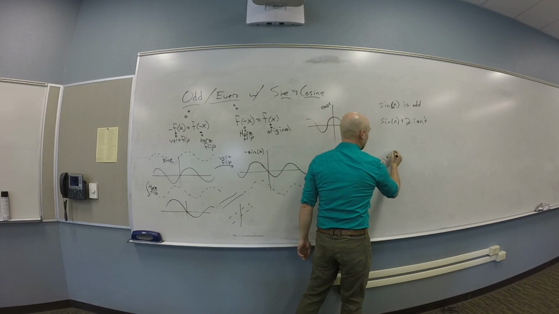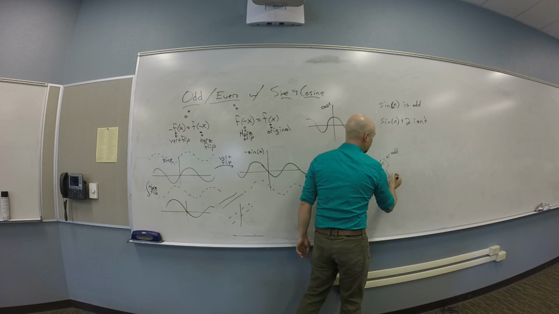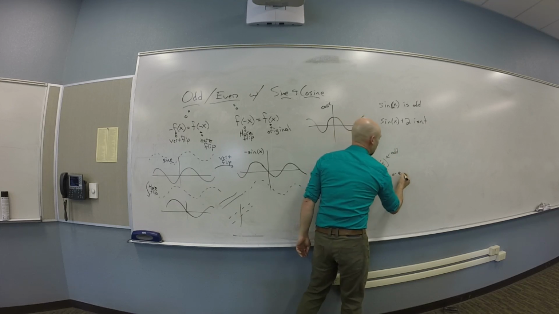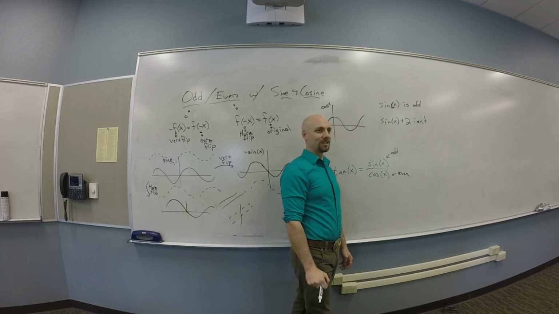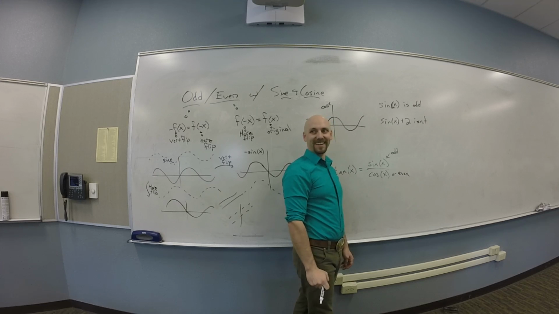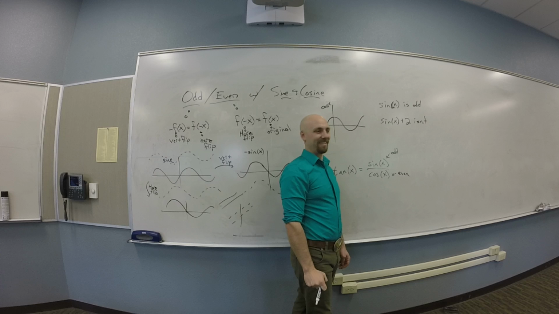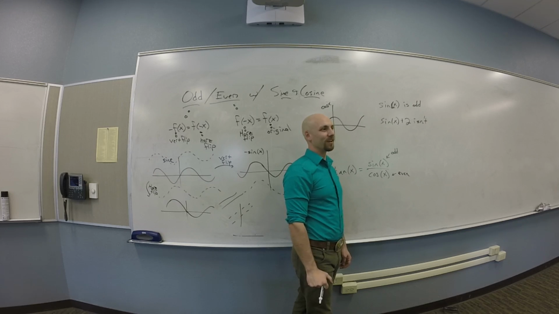Sine is odd, and cosine is even. If you take an odd thing and divide by an even thing with numbers, you get a fraction. Can fractions be even? No, even and odd are defined for integers. A half is not even allowed. Got it.